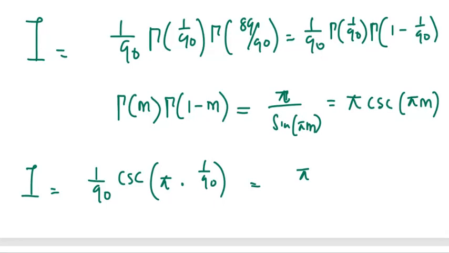Oh, sorry, there is a pi here. So which is finally giving us pi over 90 CSC of pi over 90.